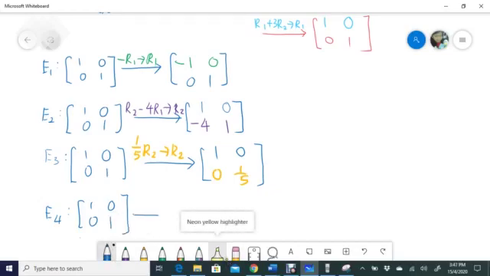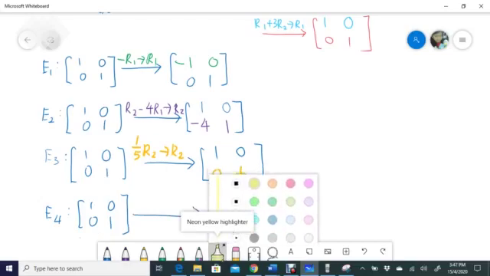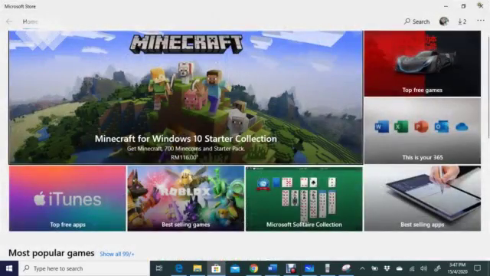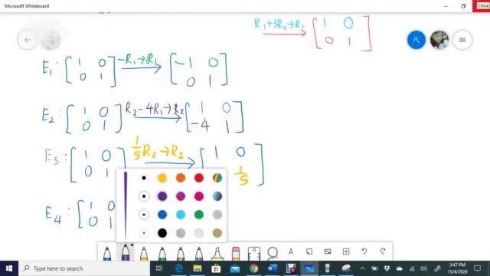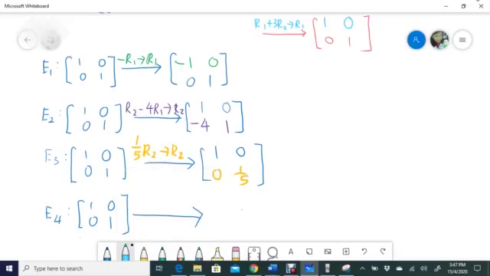0, 1. So we have R1 plus 3R2 happen to R1.